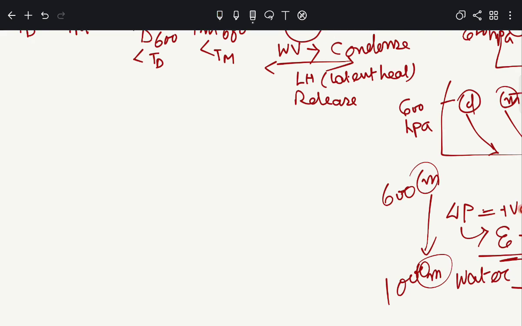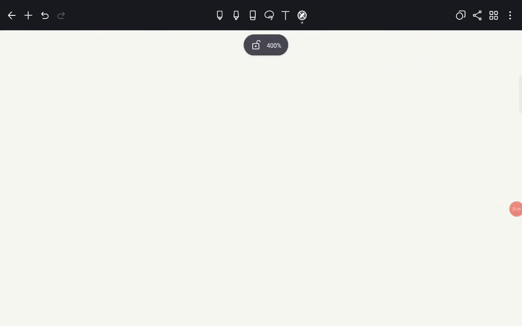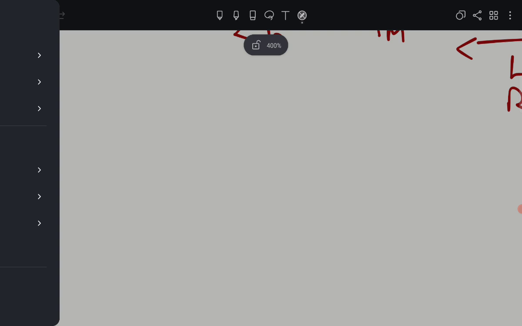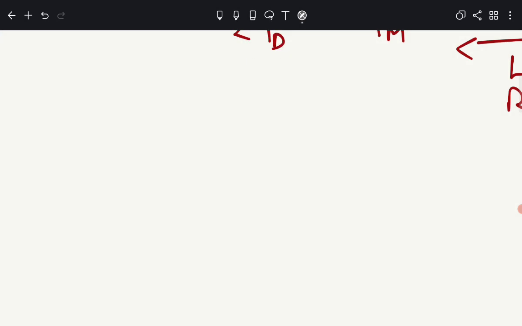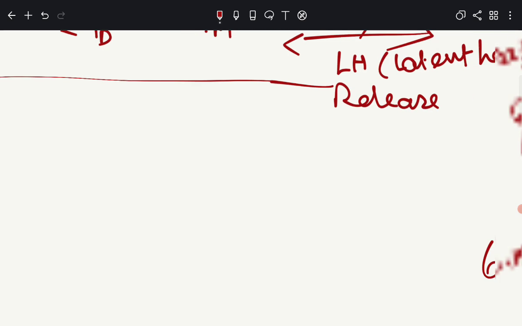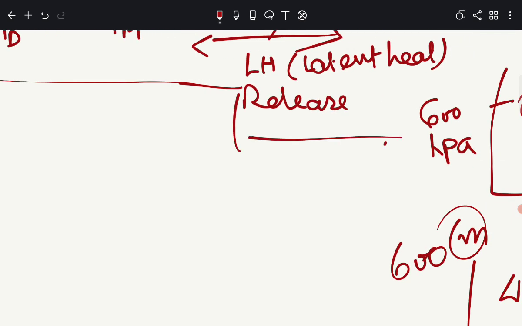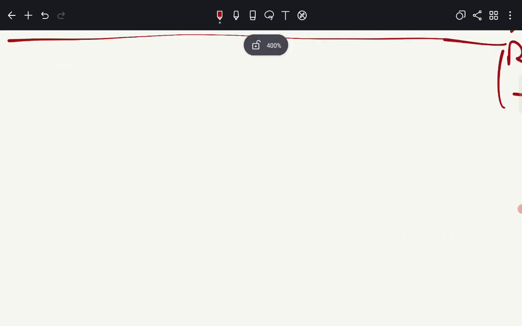Now I think we have time to go into our next topic, the lapse rate. But before that, we have some other plans, and that is from theta. So far we have talked about theta and how theta changes along the atmosphere.